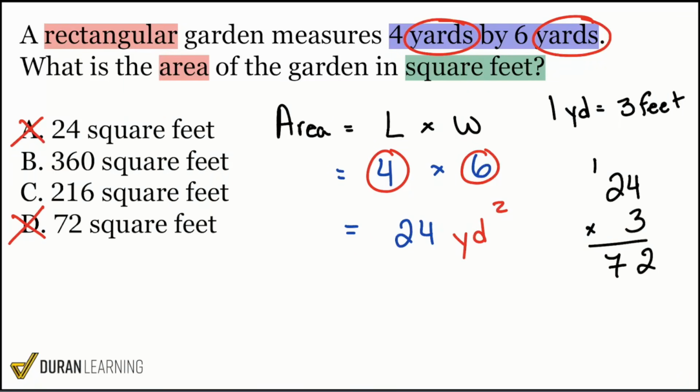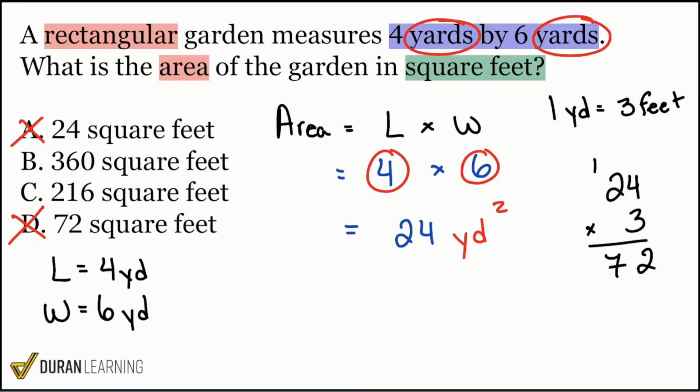Let me reveal why. Everyone, let's take a look at the formula again. Let's take a look at our length, which was 4 yards, and our width, which was 6 yards. Everyone, what do we do to convert yards to feet? Tell me again. Well, to convert yards to feet, we'll go ahead and do what we just did here, right?